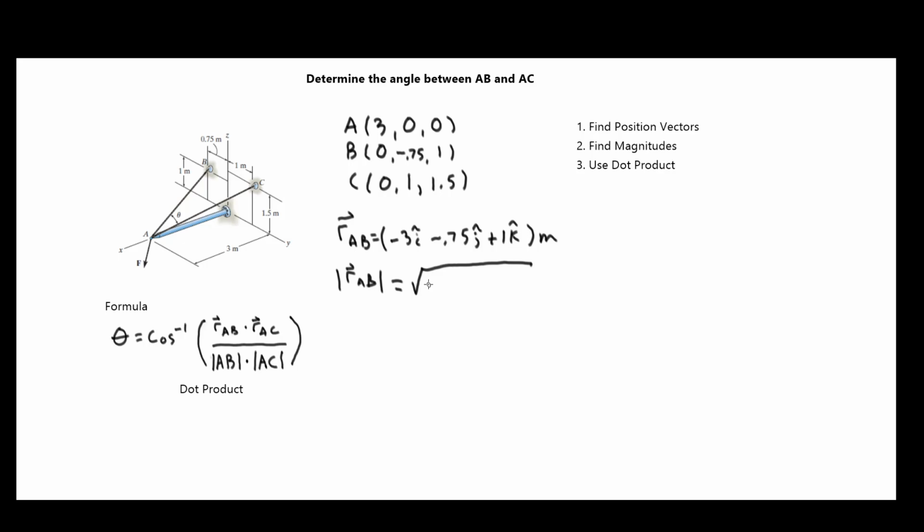So we'll have a negative 3 squared plus negative 0.75 squared plus 1 squared. And that's equal to 3.25 meters, so you maintain those units.